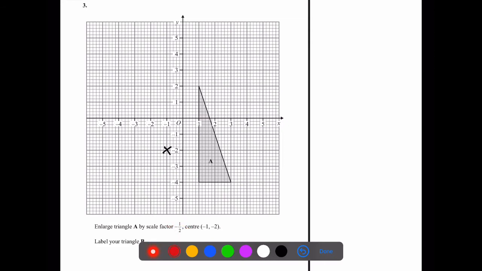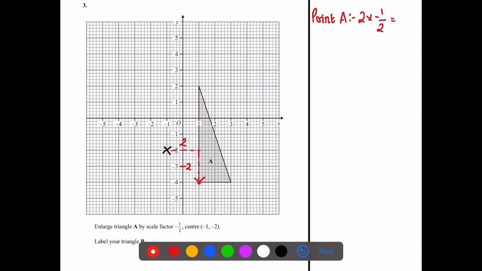So how do I get to there then? That's our first point. Well, I need to go across 2 and down 2. Now, very, very careful with going downwards. It makes a difference because you're actually minusing 2. So it's actually a -2 there. Okay, so to do point A then, let's write point A here. Point A, to get from your centre, it was 2 spaces, so 2 times -1/2.